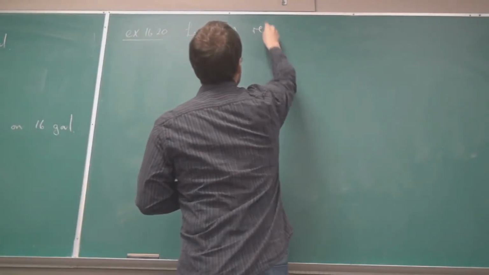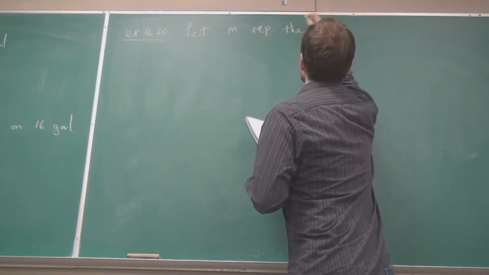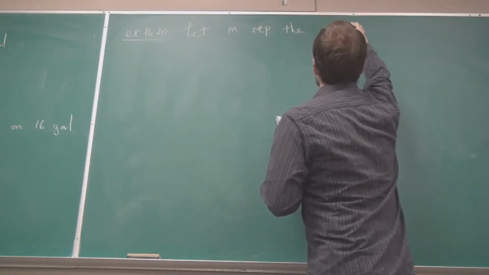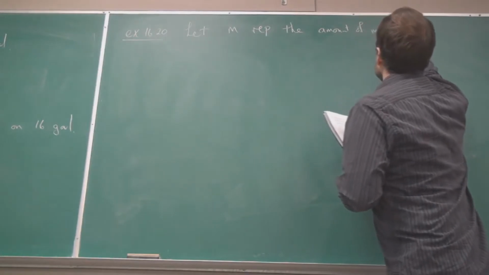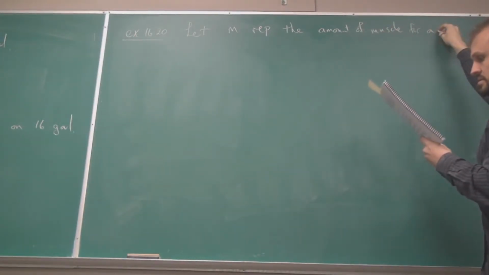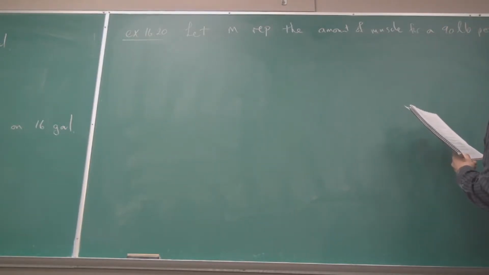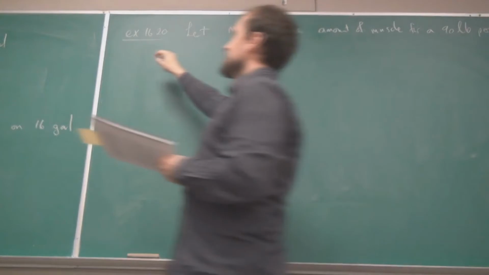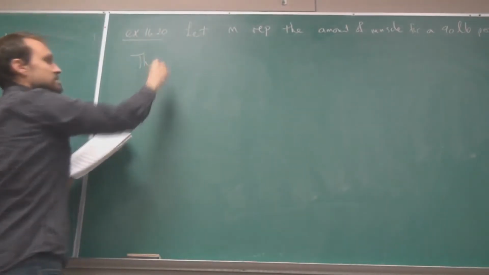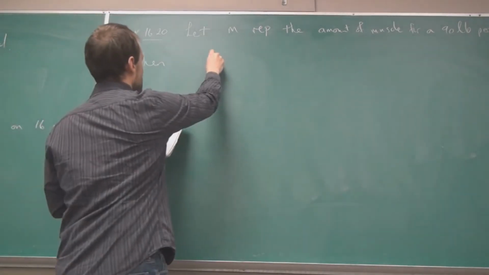Let M represent the amount of muscle for a 90-pound person. Then I have 2 pairs that correspond to each other.